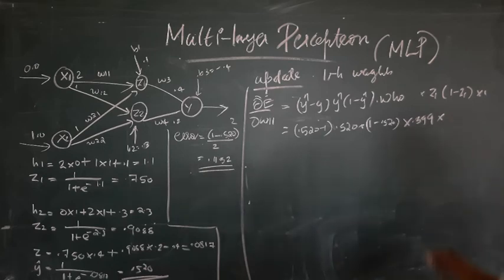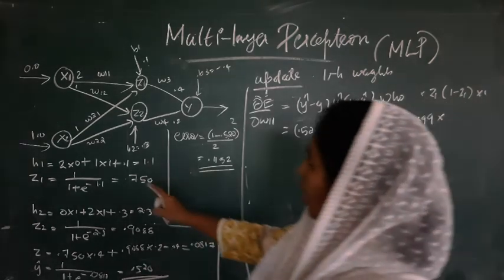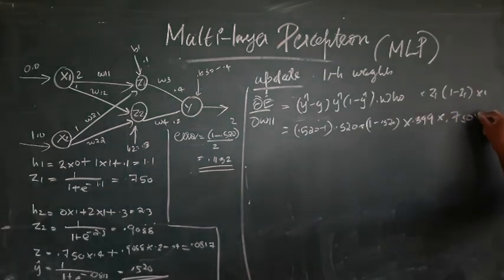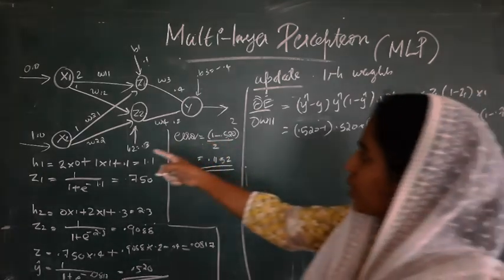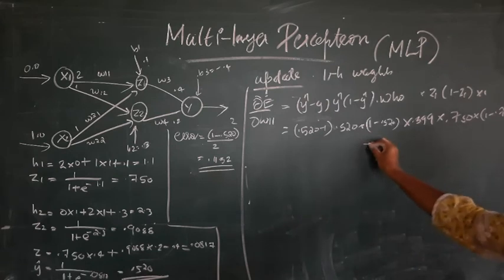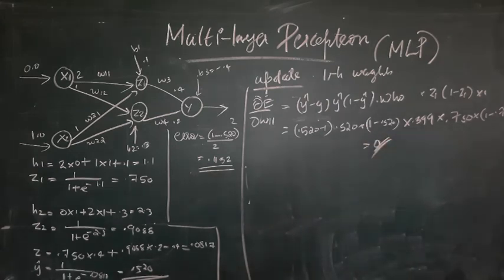Now the value of Z1 for W11 is 0.750. So 0.750 into 1 minus 0.750 and the input that is acting upon W11 is 0. So the whole value becomes 0. That is, for W11 there is no weight update. The weight of W11 doesn't change.